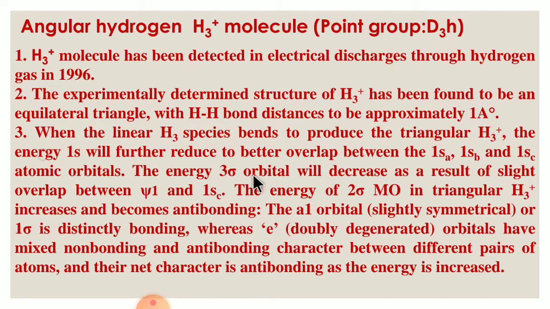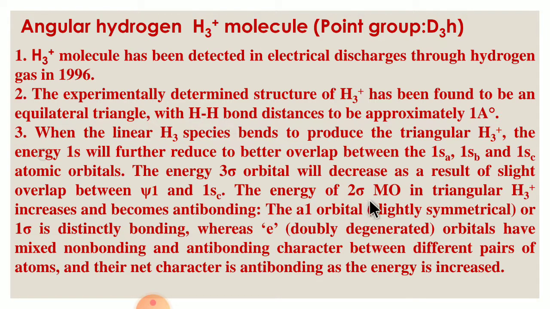The energy of the 3 sigma orbital will decrease as a result of slight overlap between Psi1 and 1sc. Psi1 is the ligand group orbital formed by the combination of the peripheral hydrogens, and 1sc is the atomic orbital of the Hc hydrogen atom which lies at the center.